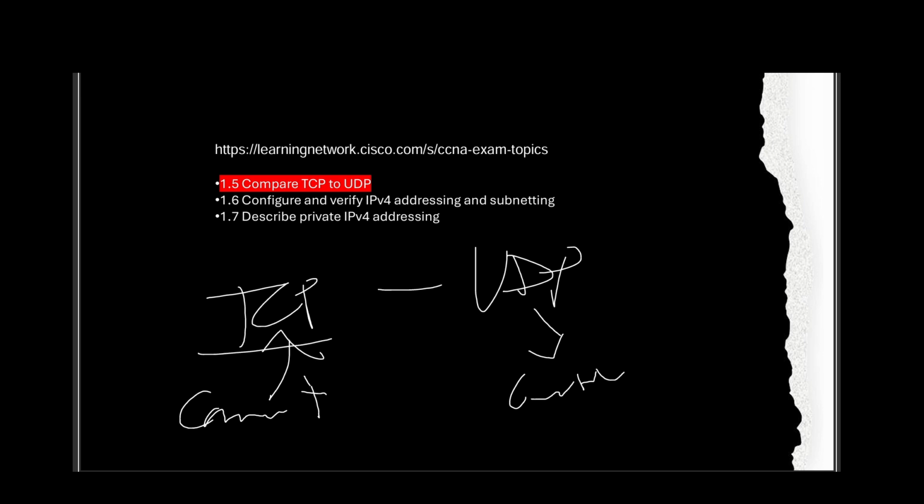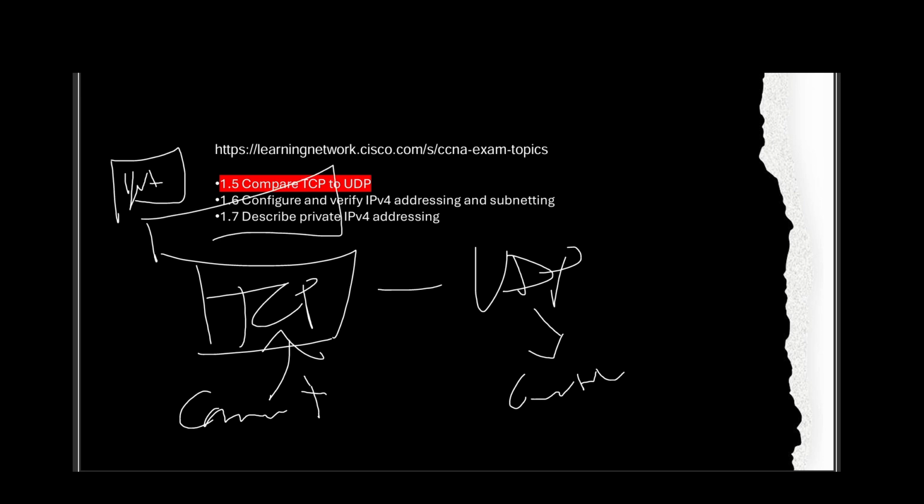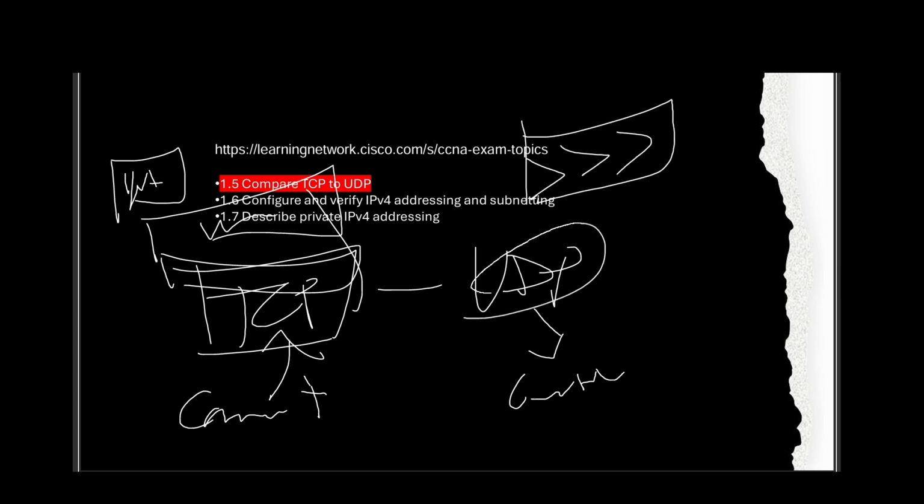If you're going to load a YouTube site, the web page, like the icon, the videos loading, the design, that will be TCP. Now, if you start watching a video, that's going to be UDP because it's connectionless, so you don't want your video to keep on stopping.